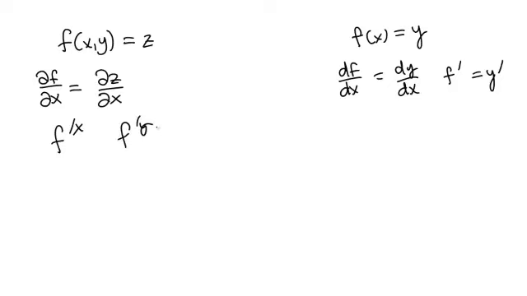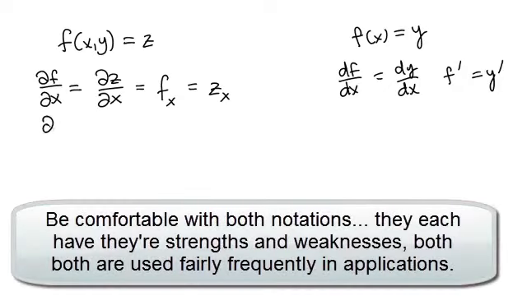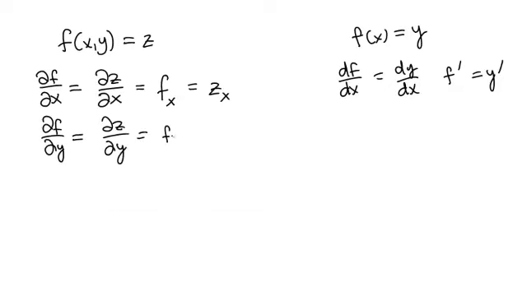That doesn't work, although we do something pretty close to it. The analog of the prime notation is we subscript, so we can write this as f sub x, or as z sub x. All of these symbols denote partial derivatives of f with respect to x. Similarly, we can use del f del y, or del z del y, or f sub y, or z sub y, all of which indicate the partial derivative with respect to y.